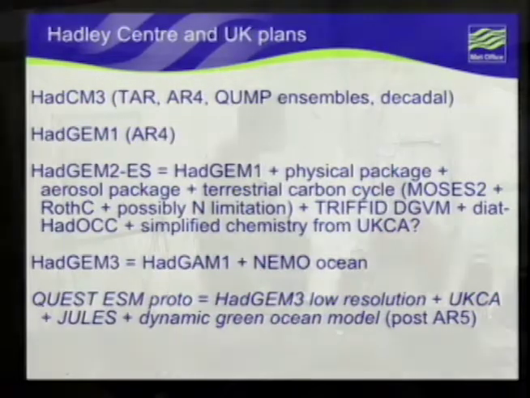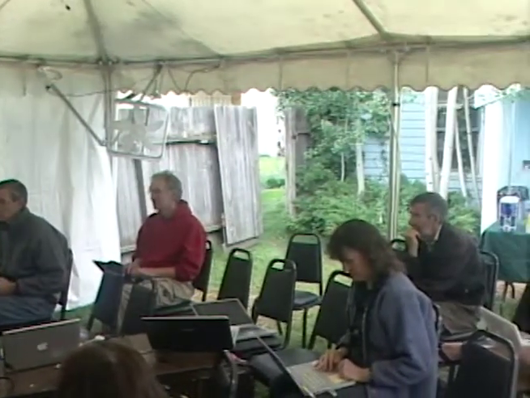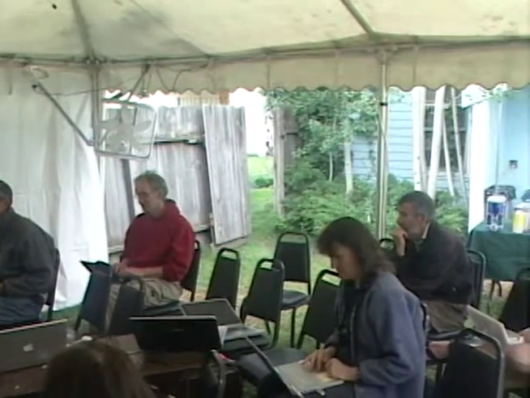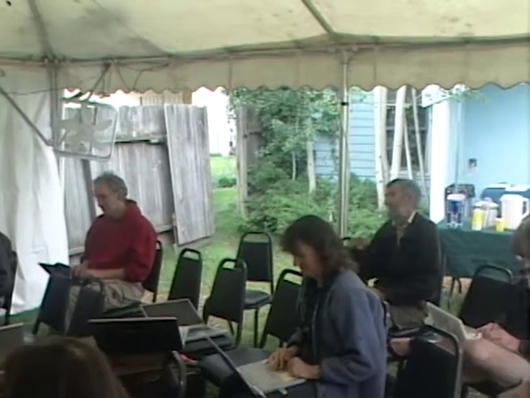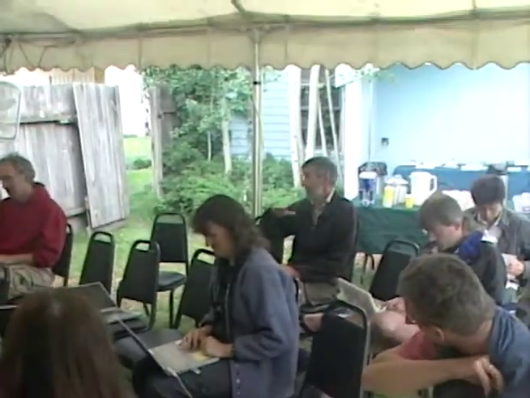So are you going to use the same parameter values in the TRIFFID that produced the Amazon die-off? I mean, when you look at that comparison, the amount of extra carbon that stays in the atmosphere, that model is much more sensitive than all the others. I'm not sure whether it's because of TRIFFID, whether it's because of the soil carbon.